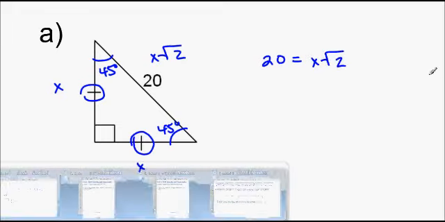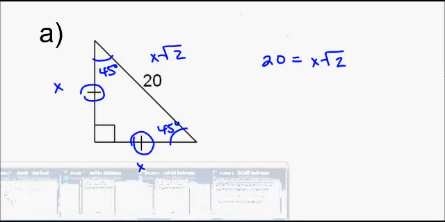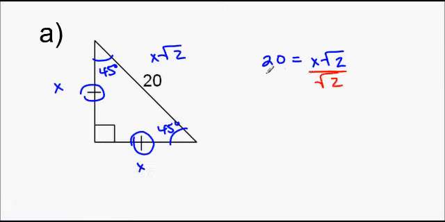Okay, so what is x? Let me divide by the square root of 2. Okay, so right now I have x is 20 divided by the square root of 2. But there is a rule in math that says that you cannot have a radical in the denominator.